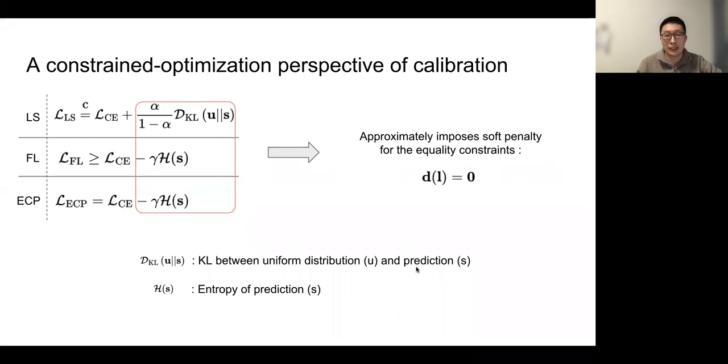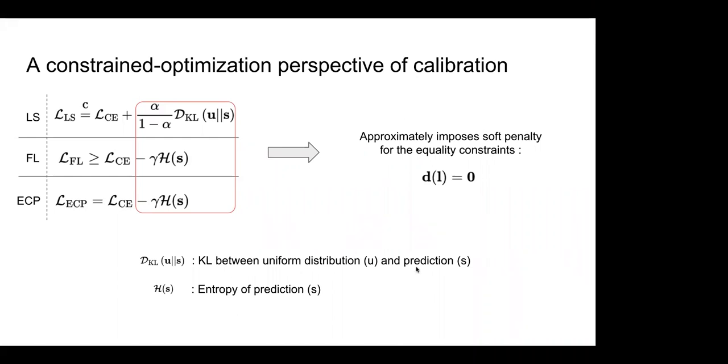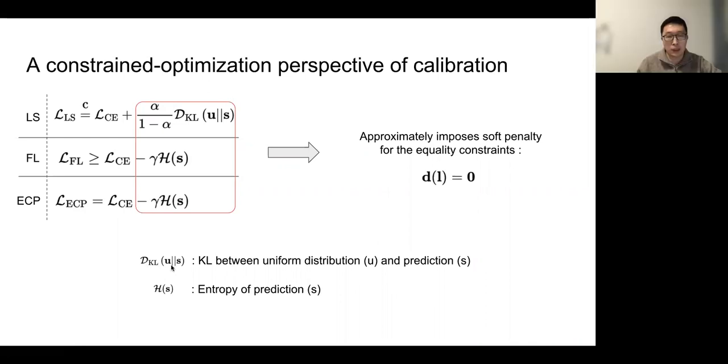For example, if there are 10 classes, the prediction score for each class should be 0.1 if it reaches the minimum solution of the KL term. And it's a similar situation for the negative entropy of the predictions. It reaches its global minimum if the predictions just match the uniform distribution.